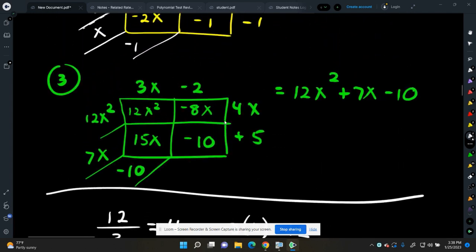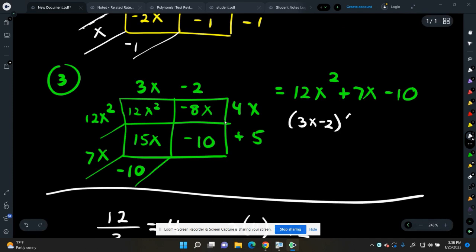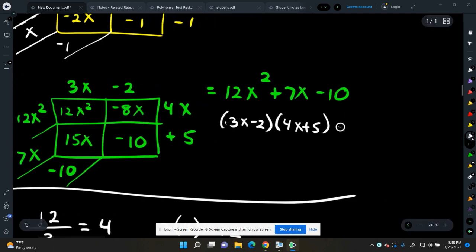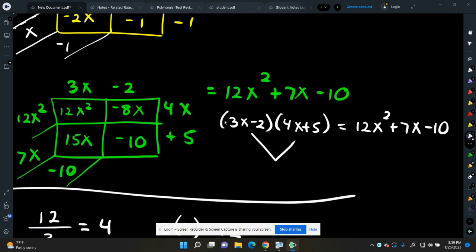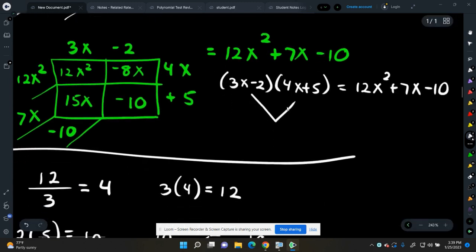Okay, we're going to use those same properties. Let's go up and look at this problem here. This problem was, we said that 3x minus 2 times 4x plus 5 is equal to 12x squared plus 7x minus 10, right? Two numbers multiplied together, and we got an answer. Well, what does that mean in division?